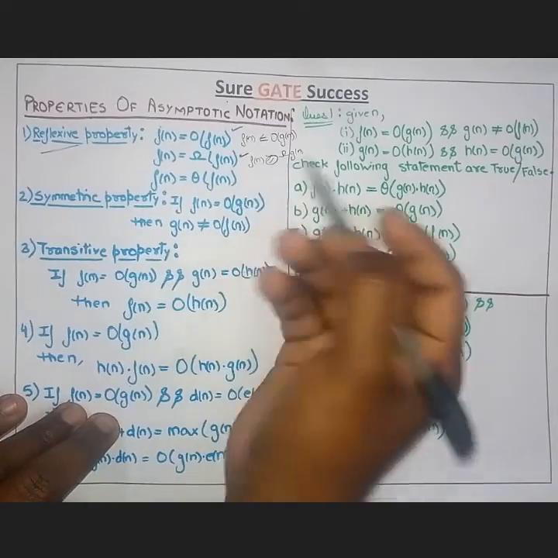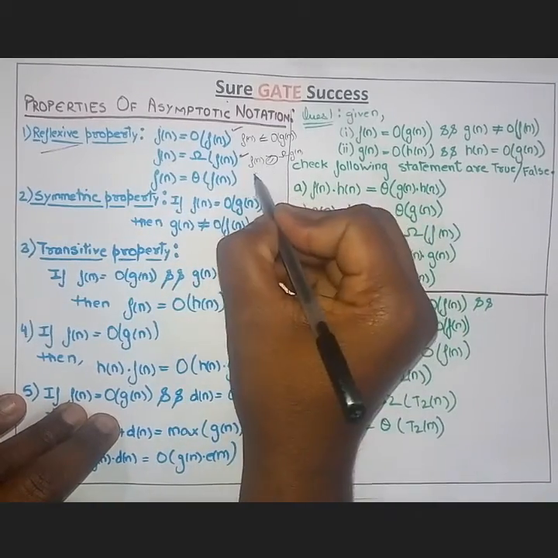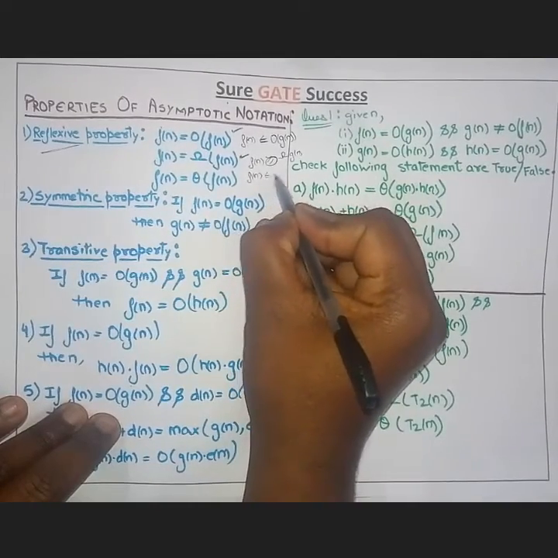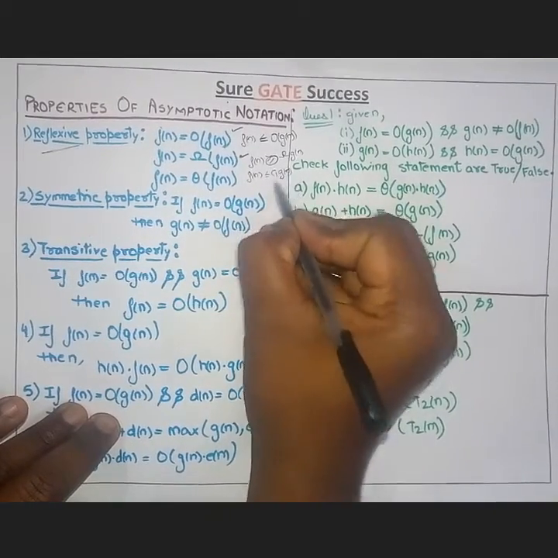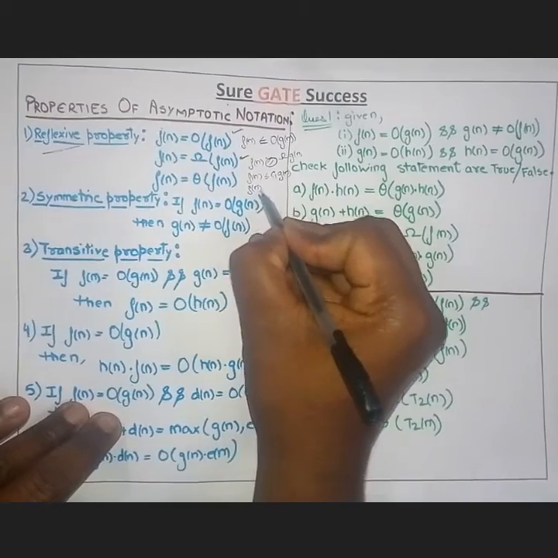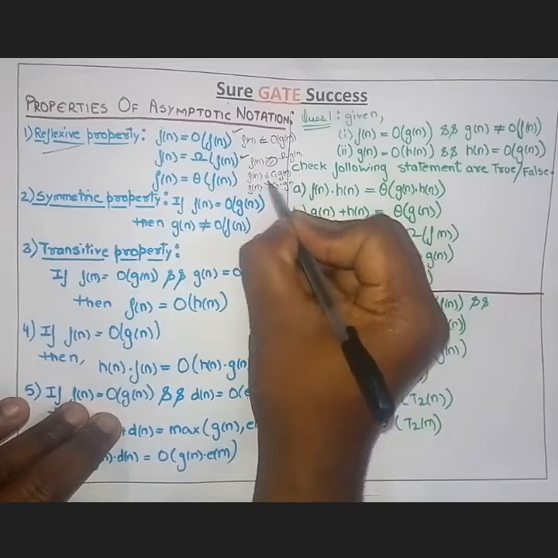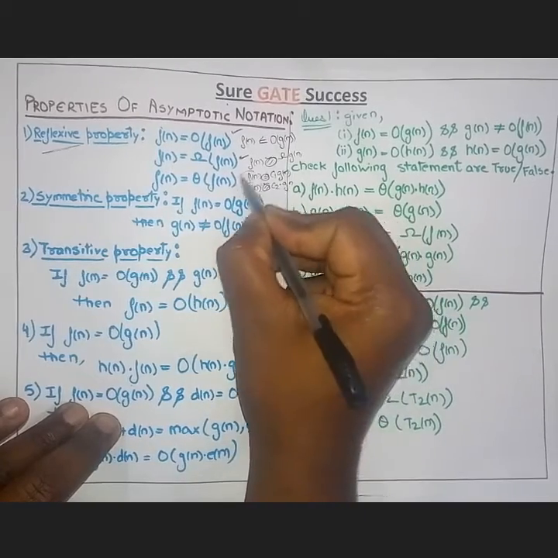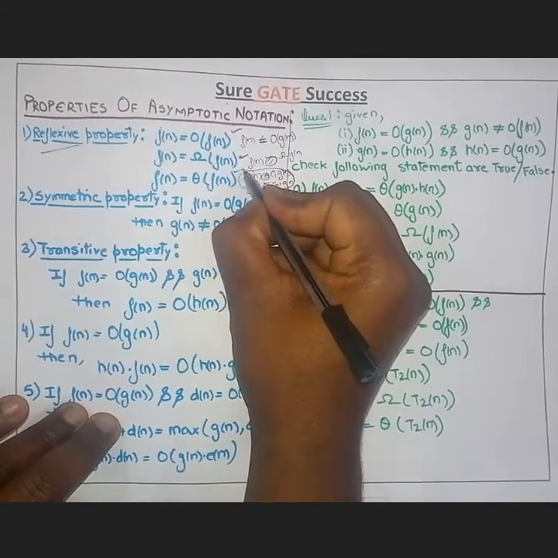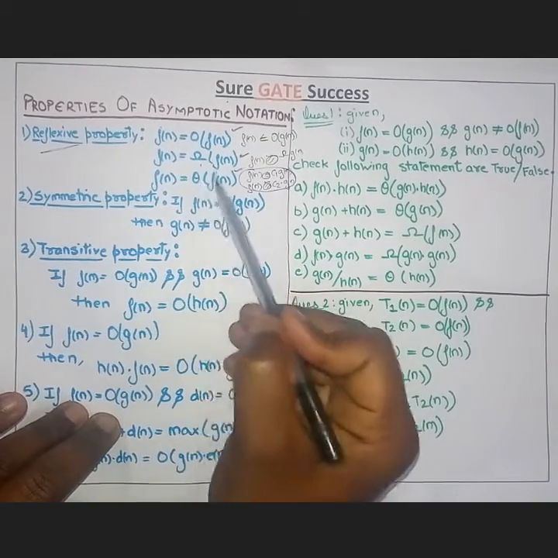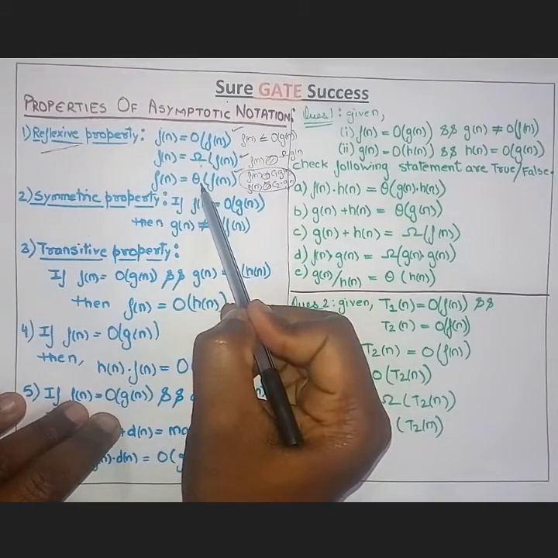What is the first condition? f of n has to be less than or equal to c1 g of n. And what is the second condition for theta? f of n has to be greater than or equal to c2 g of n. As it is equal, both conditions will be satisfied. Therefore it is big O also, big omega also, and big theta also.